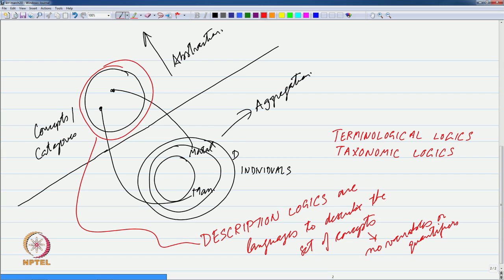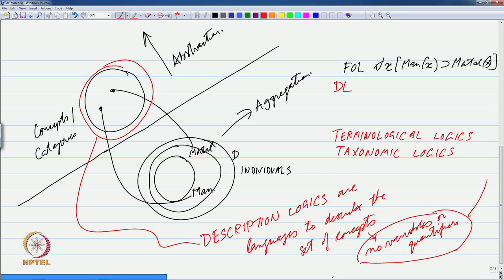In FOL you would have said for all x, man x implies mortal x. Whereas in DL, as I said, there are no variables, there are no quantifiers, you can only talk about concepts.